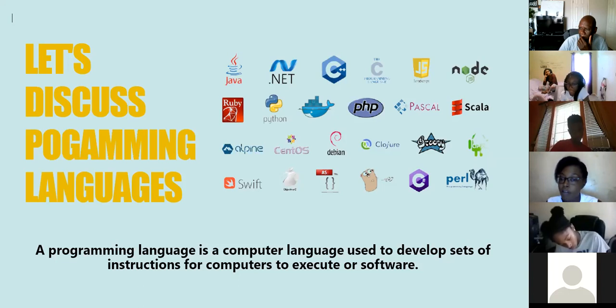Some people love writing Python, so they use Python to give their computer instructions. Some would use PHP, some would use C. So there are different types of languages. So we have now the types of programming languages.